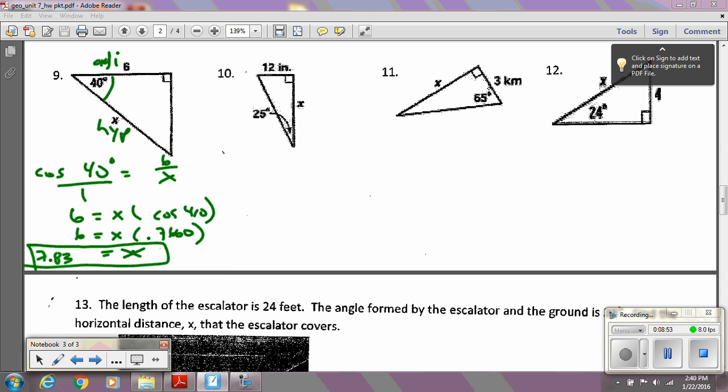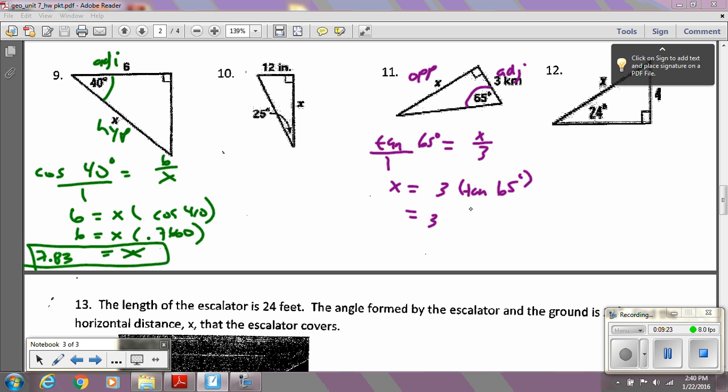On number 11, my reference angle is 65. And I have the opposite and the adjacent sides. So I can use tangent. Tangent of 65 degrees is going to equal x over 3. Put it over 1. Cross multiply. You'll get x is equal to 3 times tangent of 65.